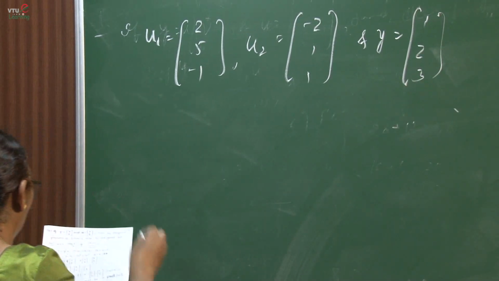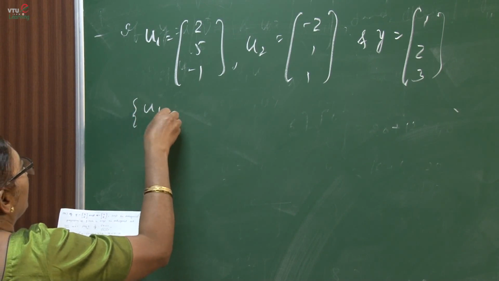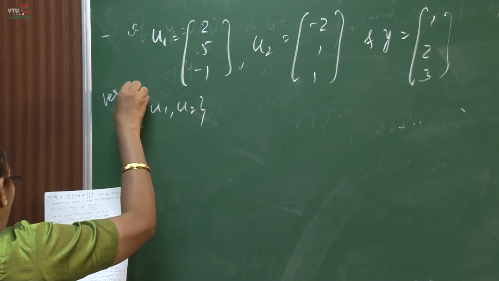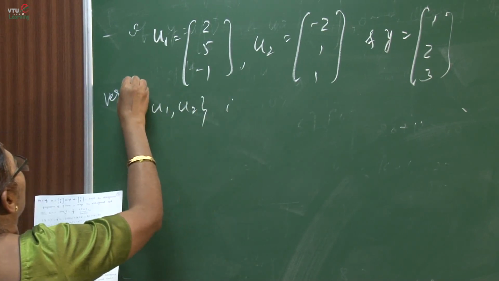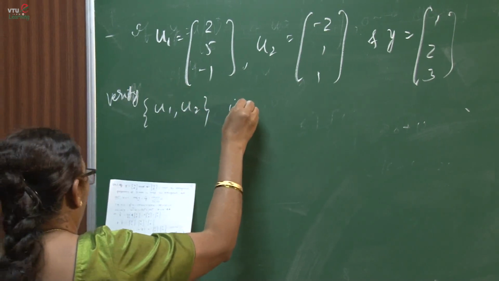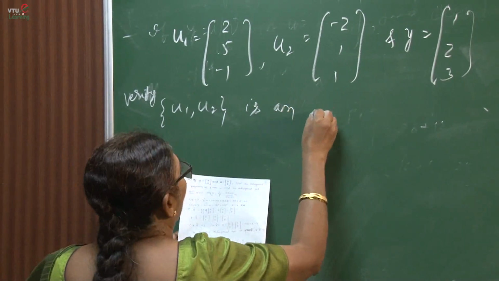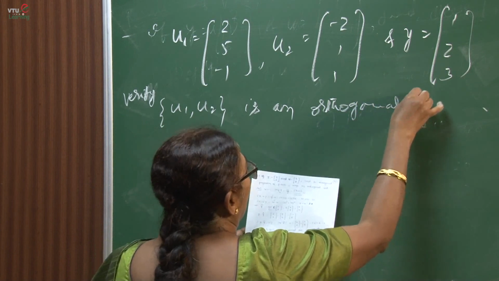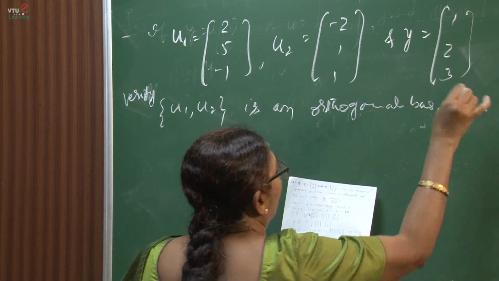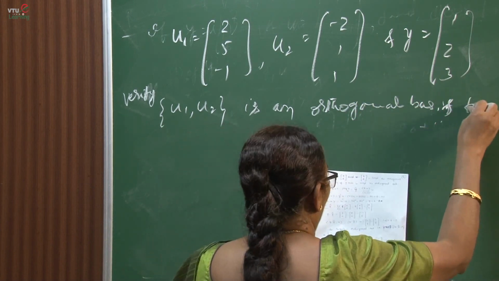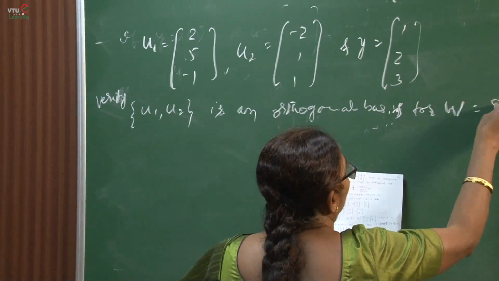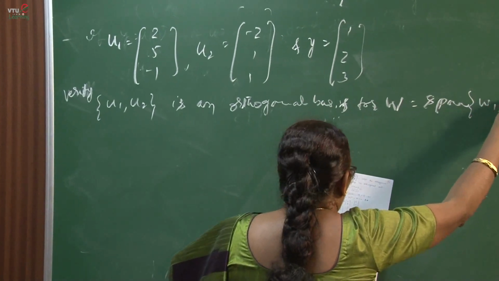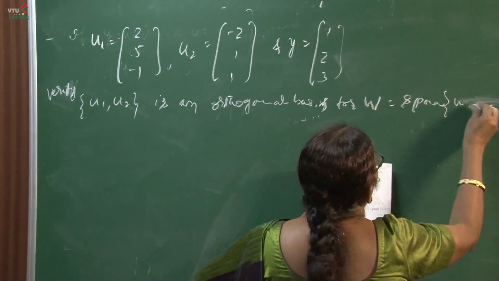Verify the set of vectors U1, U2, verify is an orthogonal basis for W is equal to span of W1 and W2, span of U1 comma U2.